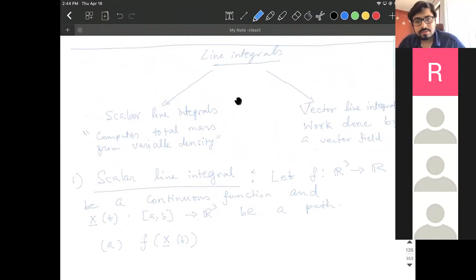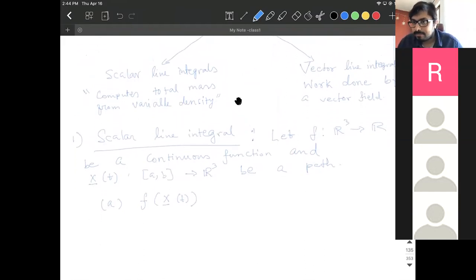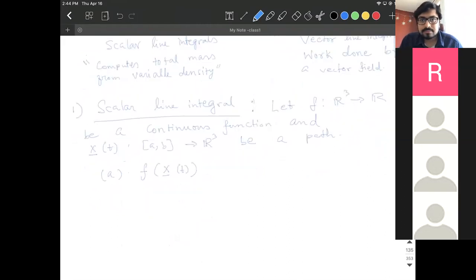The scalar line integral computes total mass, let's say, from variable density. So this f on this path x(t) precisely computes this variable mass.